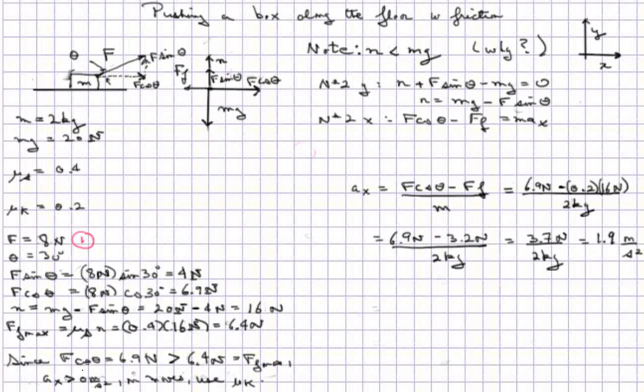And the x component of the applied force is 6.9 newtons, and since 6.9 newtons is bigger than 6.4 newtons, the maximum impeding static frictional force possible in this case, a sub x is going to be bigger than 0 meters per second squared, and m will move to the right.